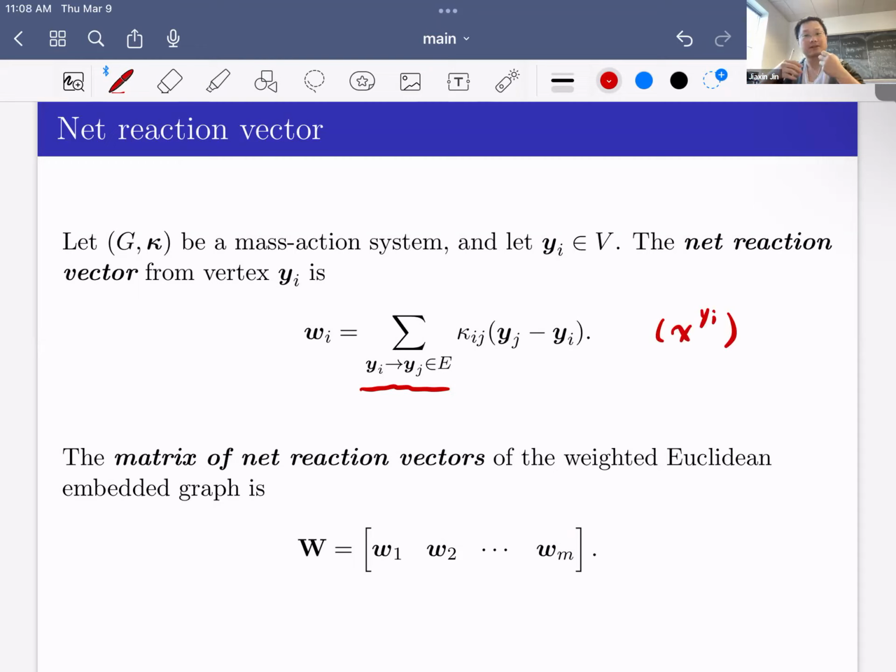This is a property of the vertex yi, and it is a very important property. We will use it later. After we pile up y1 to yn, where n means the number of vertices in the graph, we get a so-called matrix of the net reaction vectors.